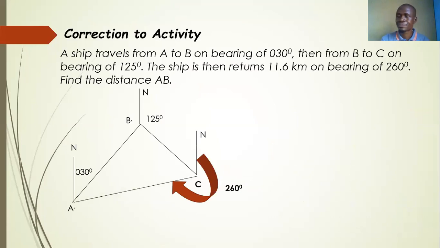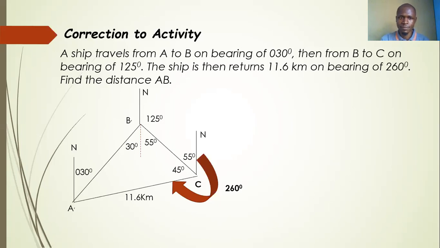That is to A. So you have A to C is 11.6 kilometers. Extending that line, you have the remaining part there to be 55 degrees. Alternate angle, 55 degrees. Then you have 30 left there, as you have the alternate angles to be 30.